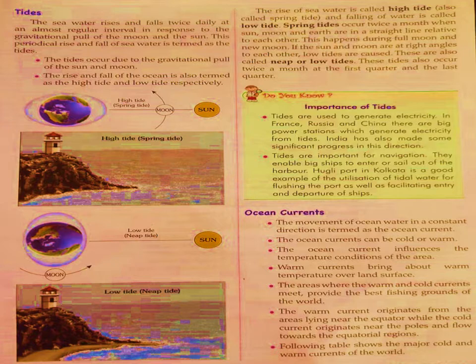So the tides occur because of the gravitational pull of the sun and moon. And the rise and fall of the ocean is also called high tide and low tide. Rise is called high tide and fall is called low tide.